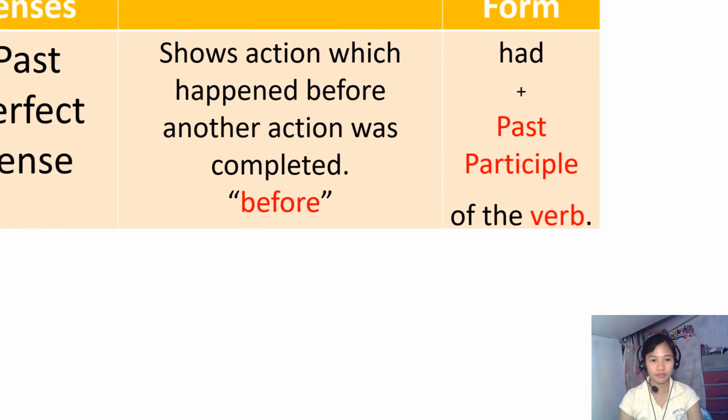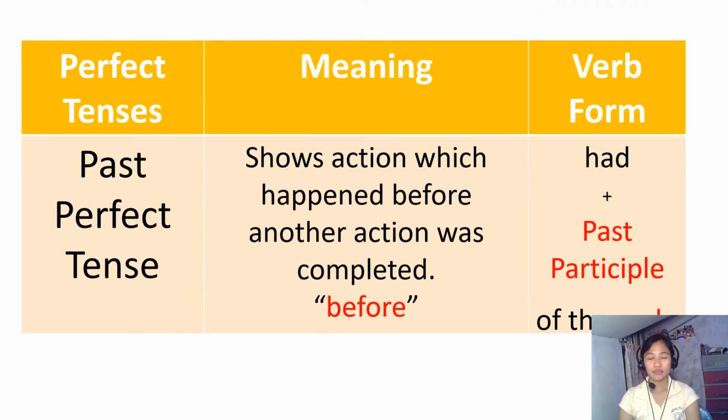Now let's have the past perfect tense. The past perfect tense shows the action which happened before another action was completed. The expression before is often used with a verb in the past perfect tense. In sentences in the past perfect tense, the word before is usually used to show that it is already in the past.